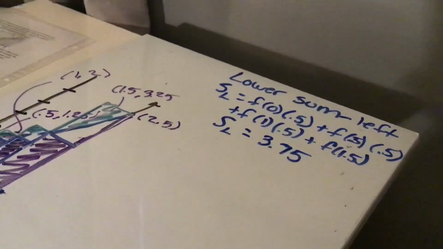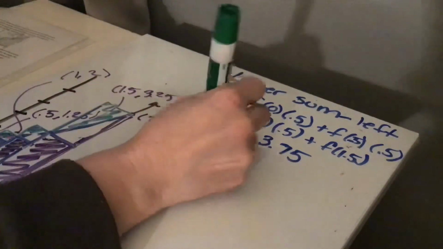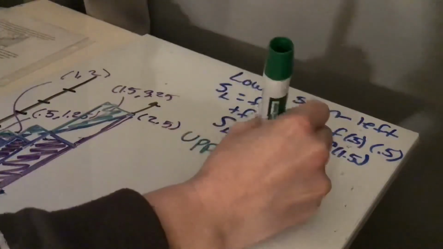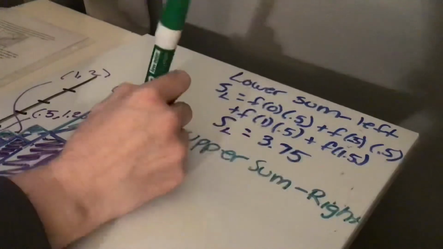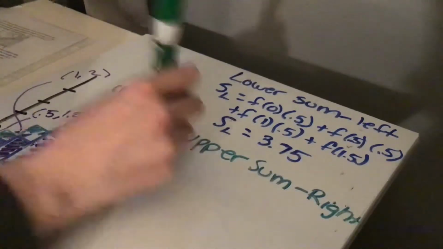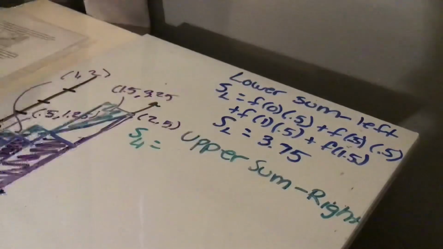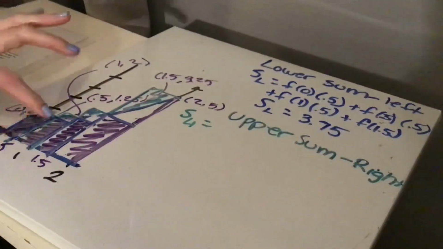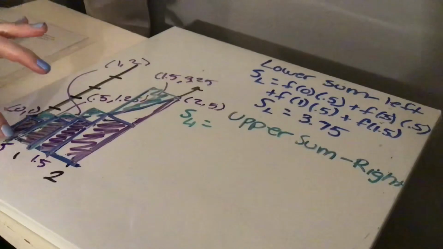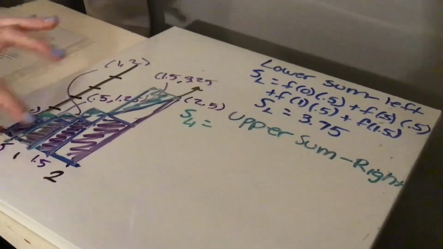Okay, the upper sum is using the right rectangles. So that's the part that's hanging over, okay? So this first rectangle's height is now here because it's going to the right-hand partition.